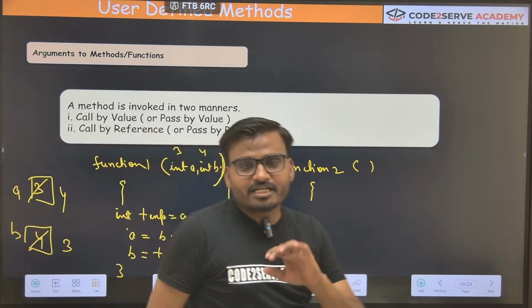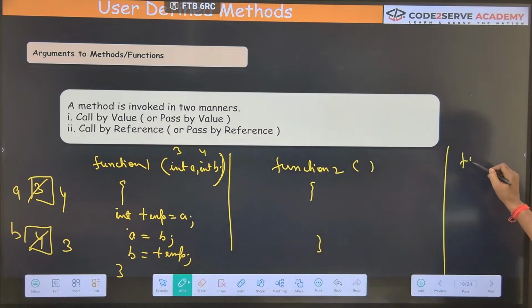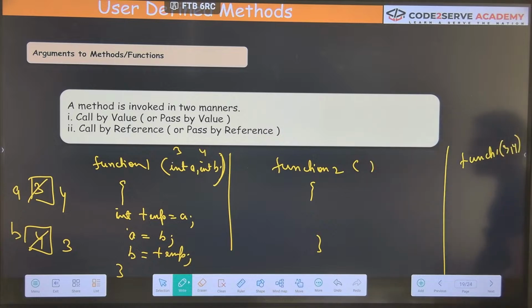Got my point? Now you check, we are calling function 1 from here, and we are passing 3 comma 4. Suppose this is a local copy of A and this is a local copy of B, and here we have 3 and 4, so we pass A comma B. So if you see over here, we are calling function 1.